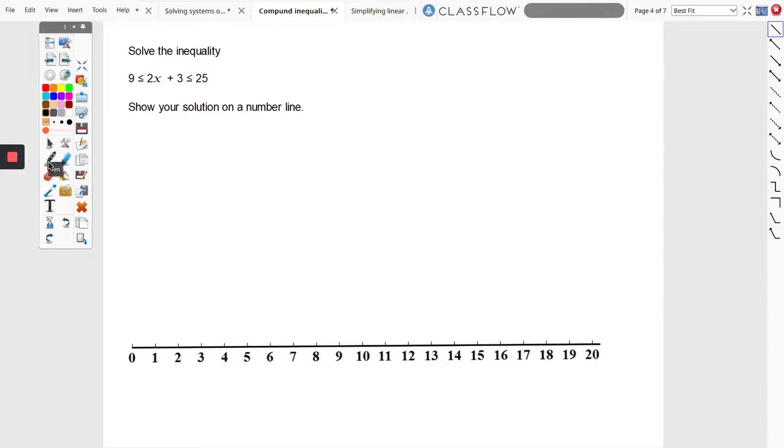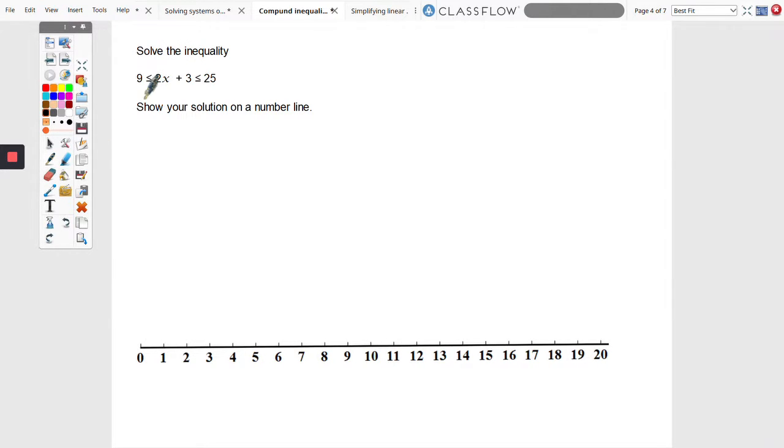Now we have a slightly more complicated example here. So we've got 9 is less than or equal to 2x plus 3 is less than or equal to 25. So what I'm going to do is look at the left hand side of the inequality first. So I'm just going to solve 9 is less than or equal to 2x, add 3.